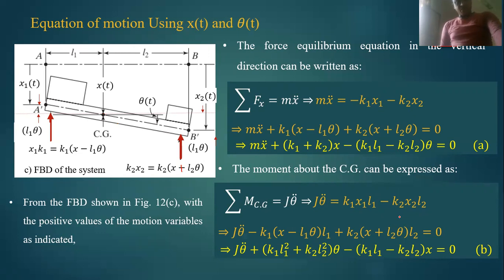So x1 produces counterclockwise rotation and x2 produces clockwise rotation. Considering that, finally we get this equation, equation B, for the moment.